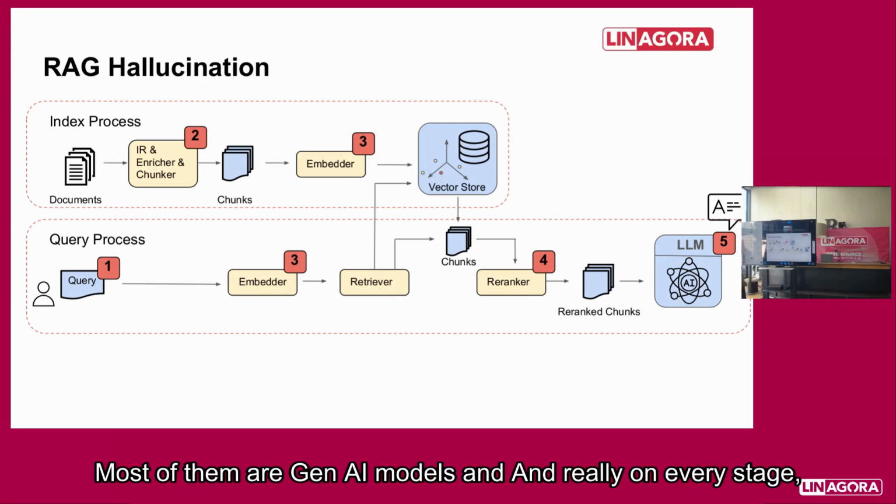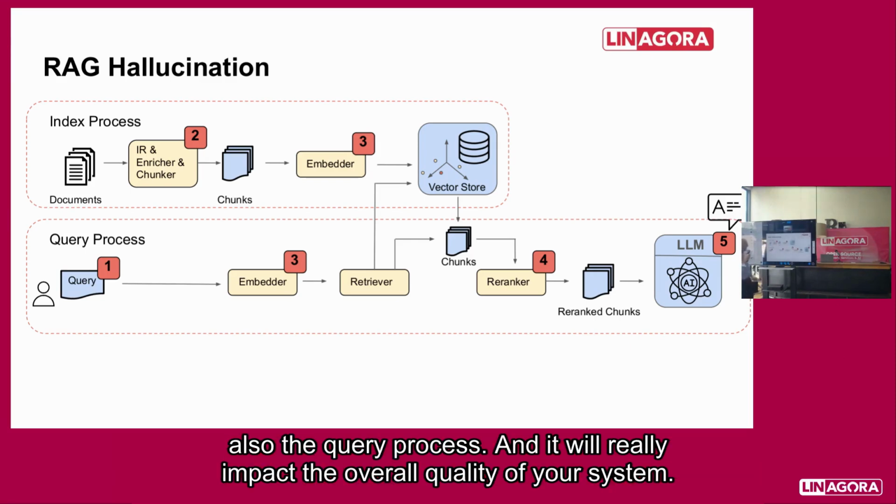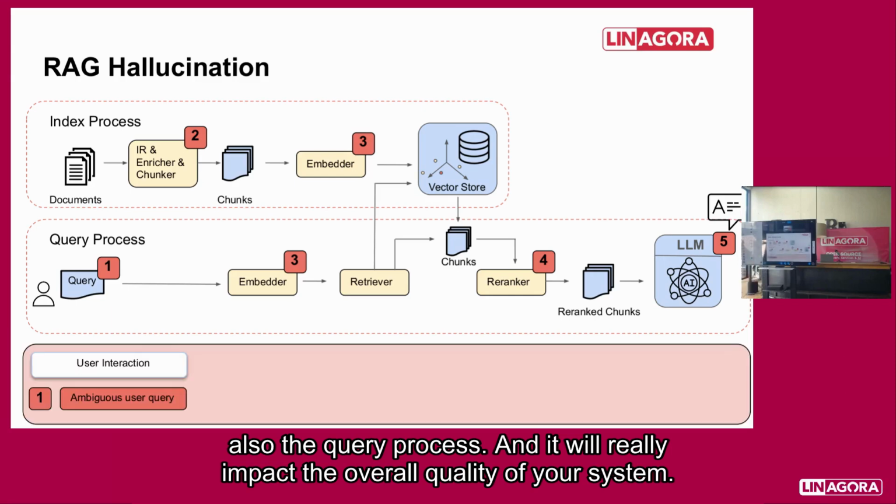Most of them are Gen AI models, and really at every stage something can go wrong. So here I marked some possible failure points that can occur in both the indexation process and the query process, and they will really impact the overall quality of your system.